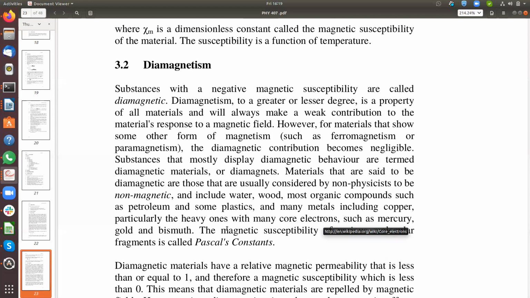But in all these heavy elements, their core electrons reside in the core of the element, and they don't contribute to the interaction. And that is why most of these heavy elements are regarded as paramagnetic materials. So the magnetic susceptibility of various molecular fragments is called the Pascal constant.